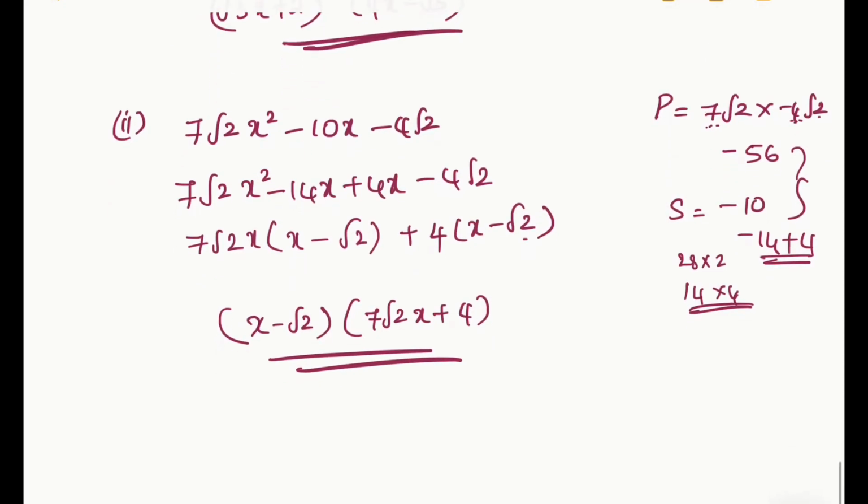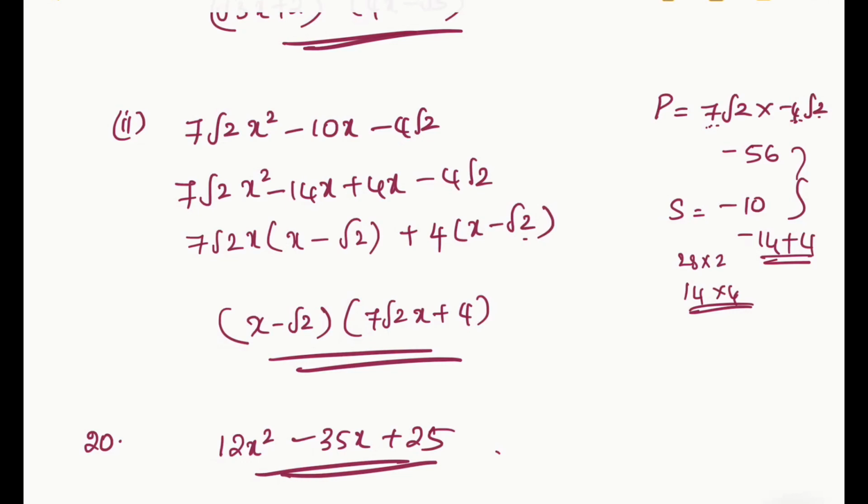Now coming to the last question in this main, question number 20. Give possible expressions for the length and breadth of the rectangle whose area is 12x square minus 35x plus 25.